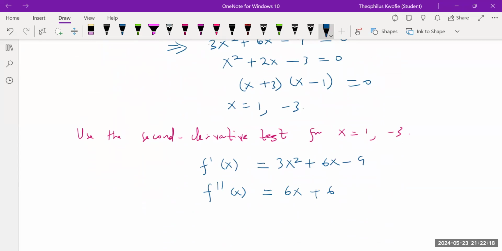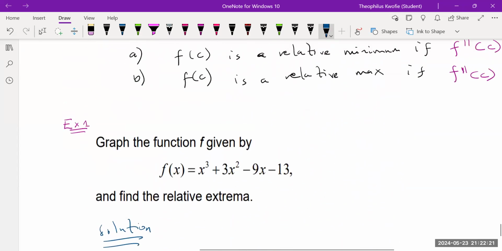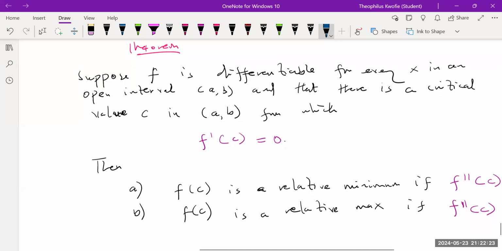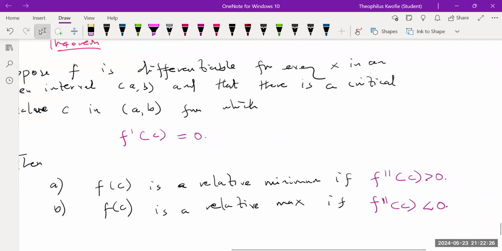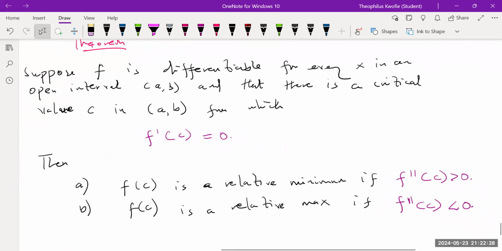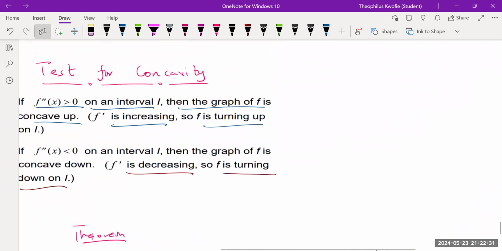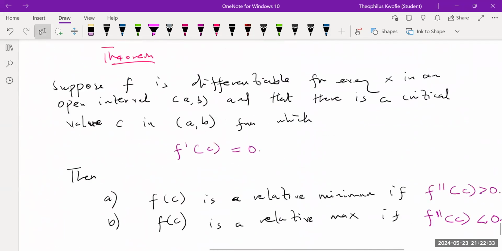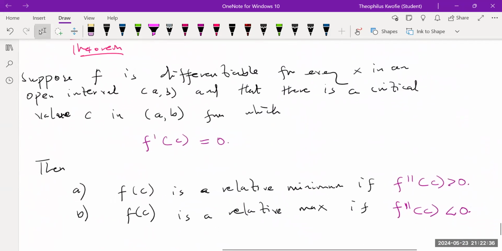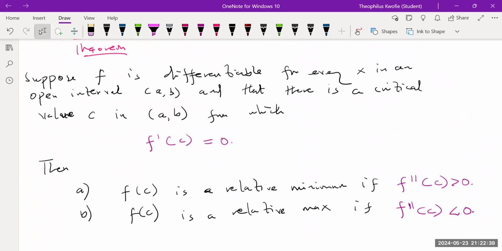Good. Then remember the definition we gave over here as far as the second derivative is concerned. Let me just go back a bit. So over here, we said that for the relative minimum, since we're using a second derivative test, we're going to evaluate the second derivative at the critical point, right?